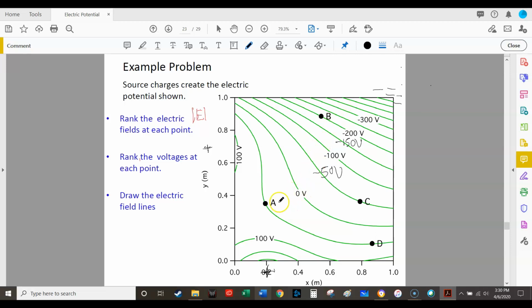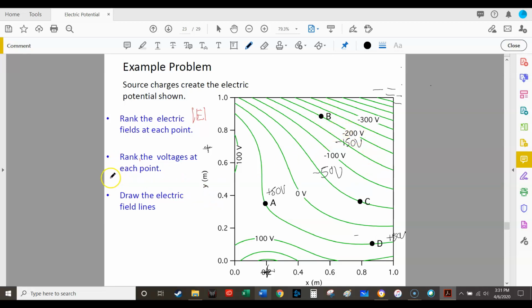Well, let's start with A. So if this is negative 50, this is 0, that means this has to be positive 50 volts. Okay, and since A and D are on the same voltage line, that means D is also going to be positive 50 volts. Then we're at 0, and C is on the negative 50 volts line, and B looks like it's on the negative 200 volts line.